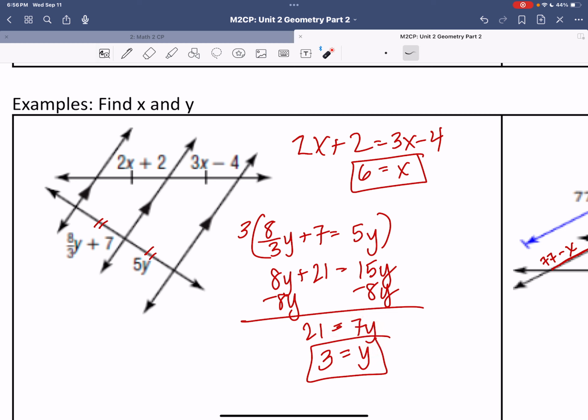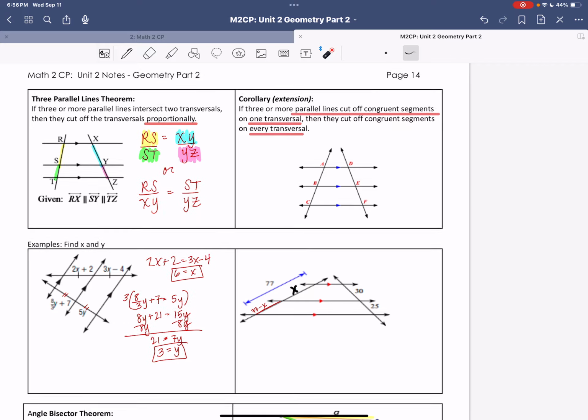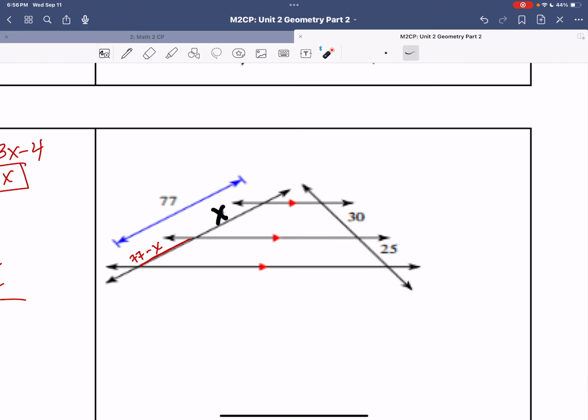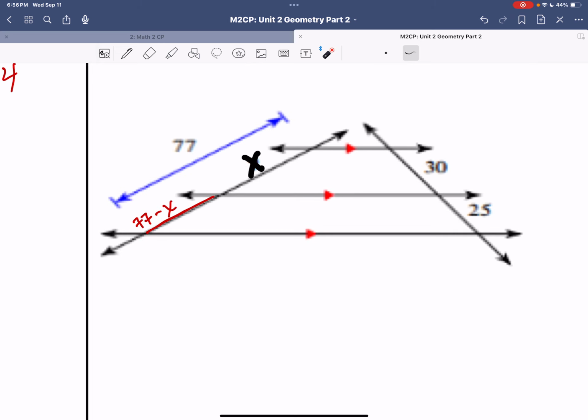Now we've got x, we've got y, we follow directions, we're good to go there. For this one, make sure you write this as x, it's kind of blurry on the paper, just to make sure you understand that. This one has a tricky part, because first off, these are all parallel lines, so if this is x, these should be equal.